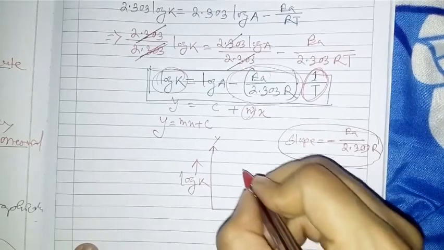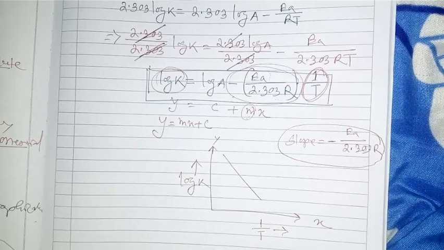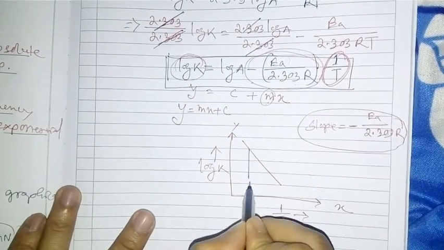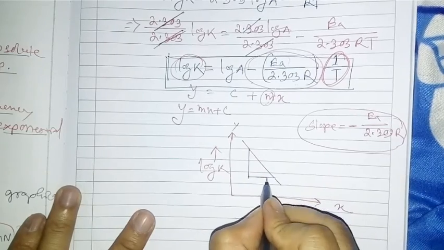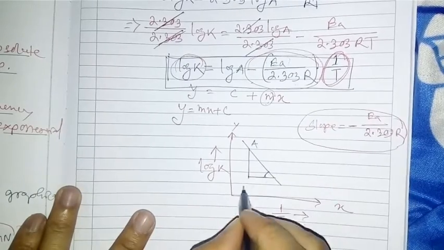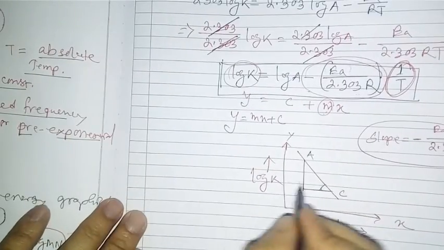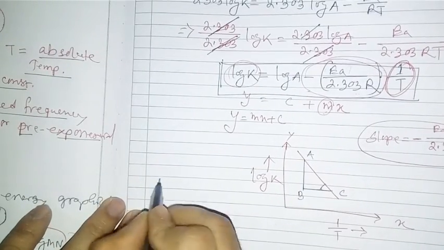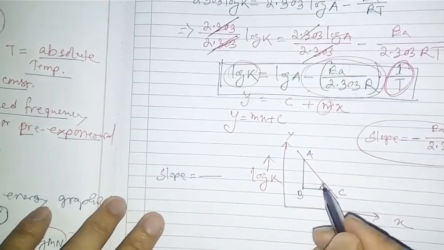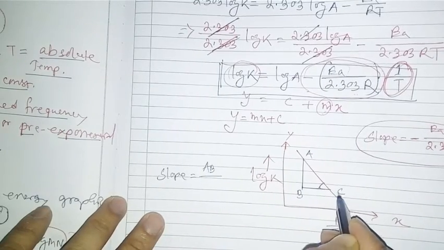Draw one slope with angle theta, with points A, B and C. Slope is perpendicular divided by base, that is AB divided by BC.